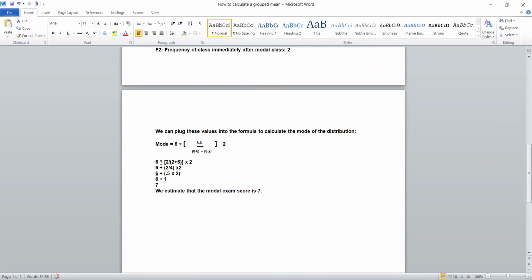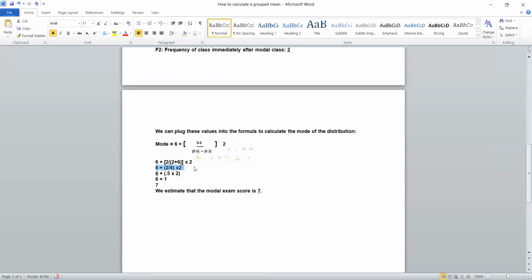Now here's the math. First, we have to do what's in the brackets. So 8 minus 6, that's 2. Again, 8 minus 6 is 2. And then we have 8 minus 2, which is 6. So that is now 2 plus 6. So we have 2 divided by 2 plus 6 in brackets times 2. I'm going to do my work again.